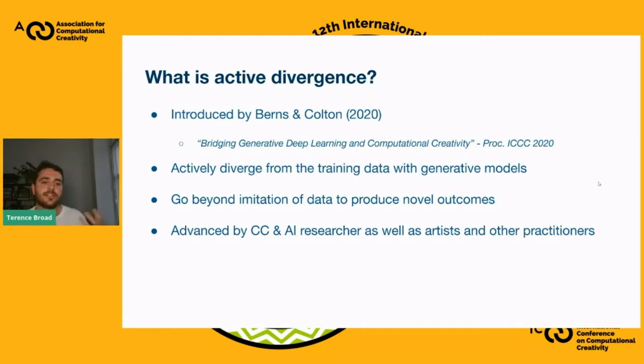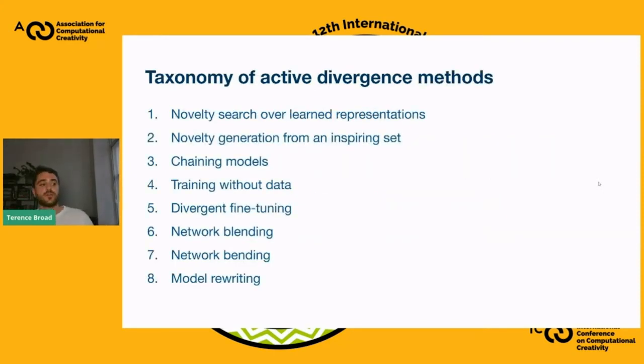These techniques have been advanced by computational creativity researchers and AI researchers, as well as artists and other practitioners who might be sharing their results on social media, things like Twitter, blogs, and GitHub repositories, and we've made a big effort to make sure that we've given credit where it's due, regardless of where these advances have been disseminated. We've surveyed all of these methods.